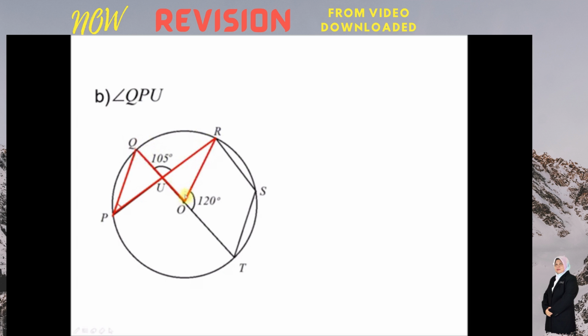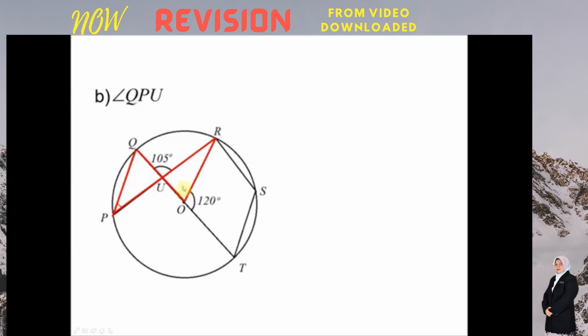This angle at the center is subtended by the same arc QR. So if we can find this angle at the center, we can find this one, because this is half of this.